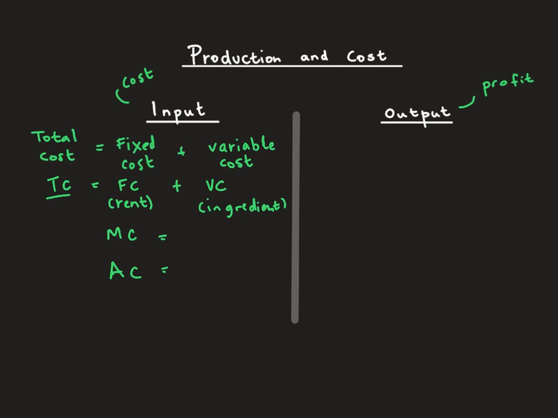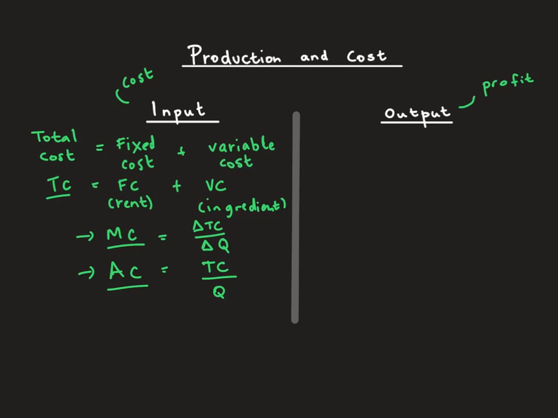So our marginal cost is an equation that looks like this, where it's change in TC over change in quantity. And our average cost, sorry, not change in, it will be total cost divided by our quantity. These two we will focus on in another video, but for now they fall under the cost side because obviously it's called marginal cost and average cost.